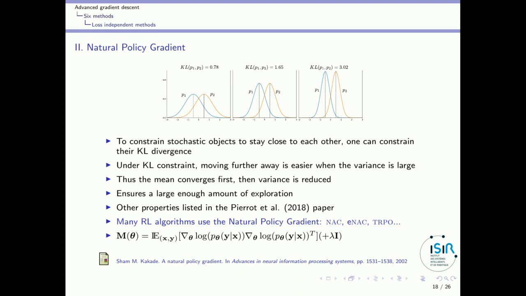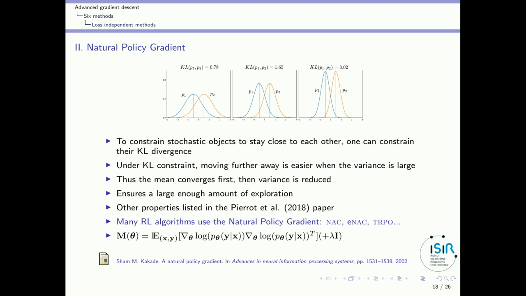Now we are considering a stochastic object, and we want the outputs of this stochastic object to stay close to each other. So to constrain stochastic objects to stay close to each other, one thing that we can use, which is very standard, is the Kullback-Leibler or KL divergence. And the KL divergence has a lot of important properties that are used in natural policy gradient descent.